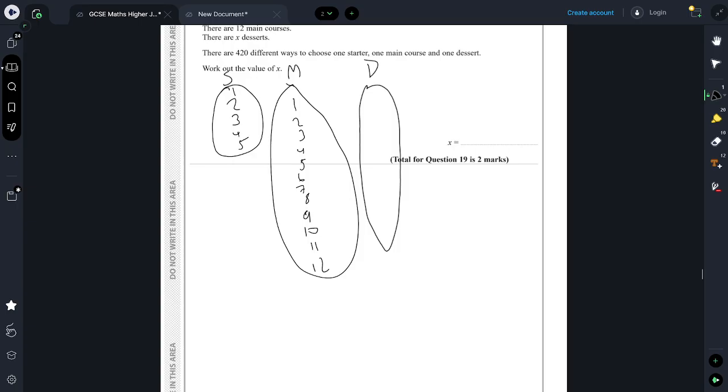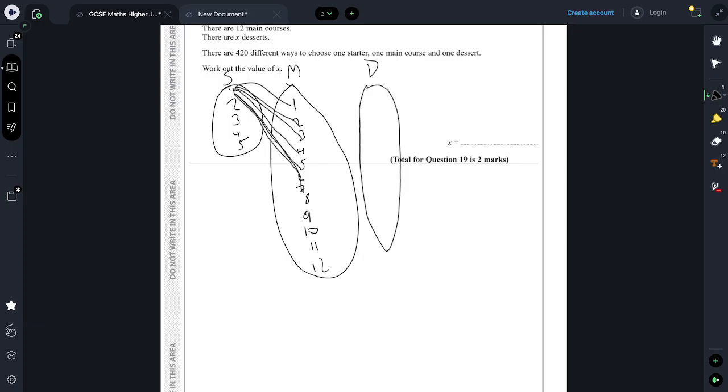So the way this works is, for each starter we can pick 12 mains and then another amount of desserts. If we have the first starter, there are 12 choices we can make here.